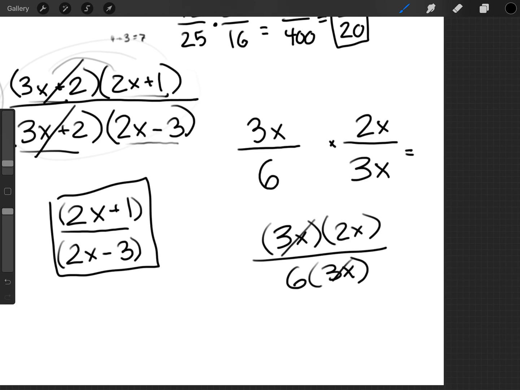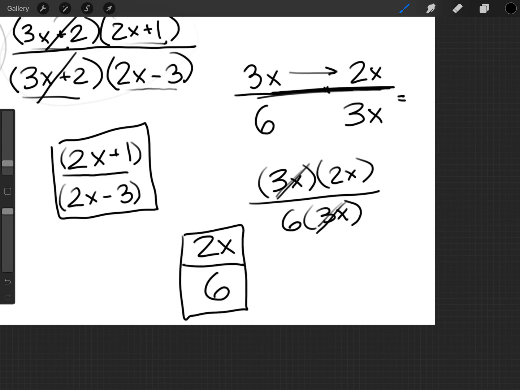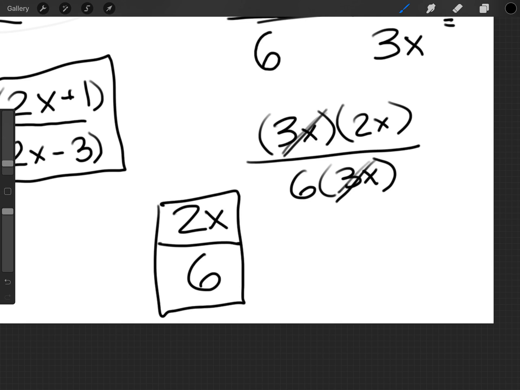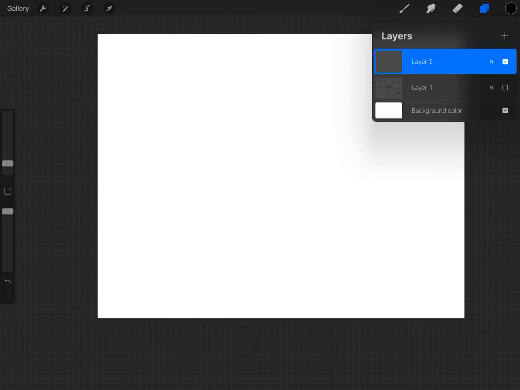Now these would cancel out because you're multiplying straight across, so you can think about it as you're just connecting this, and these are now connected. And so you can cancel this out, and that gives you the final simplified fraction of 2x over 6. Now for division, as I said, it's the same way.